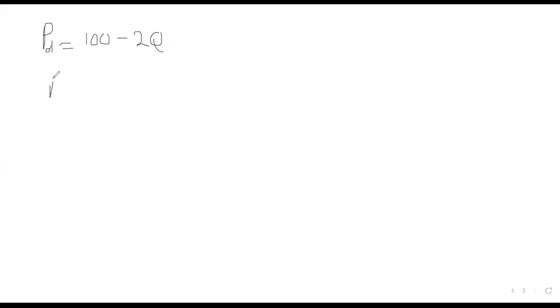You put the letters on one side. So here, when the 2 goes to the other side, it will add. Then here we're going to remain with 100. Then you're going to identify the intercepts. 1 into 100, what do we get? We get 100. 2 into 100, what do we get? We get 50.